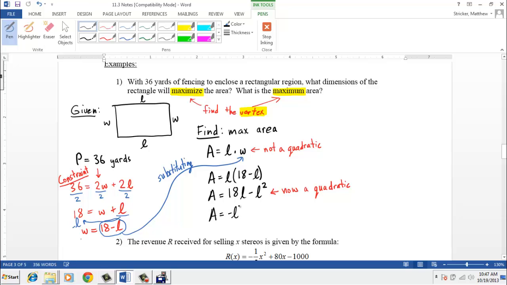So let's rewrite it as negative L squared plus 18L, which means now that the vertex, the x-coordinate of the vertex, or in this case L, because that's the independent variable, L is equal to negative b. That was 18L, so negative b is negative 18 over 2 times a, which is negative 1. So this is negative 18 over negative 2, which is positive 9.